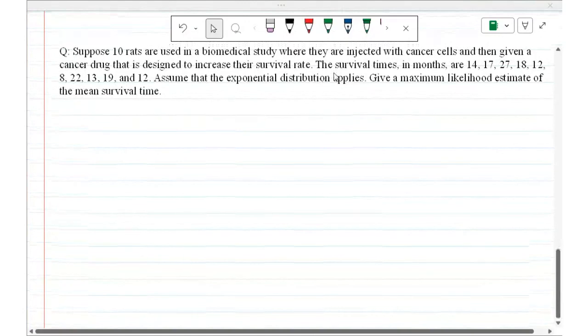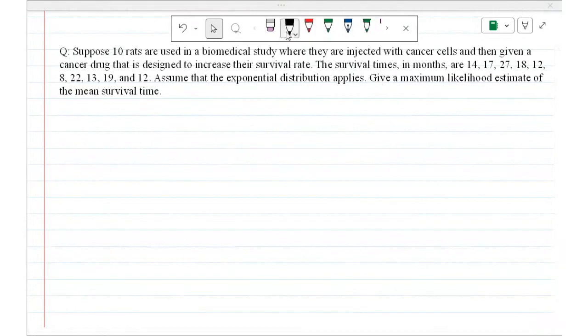The survival times in months are 14, 17, 27, 18. So what are these? These are survival times. These are basically survival times of a sample, you can say. These are sample values.